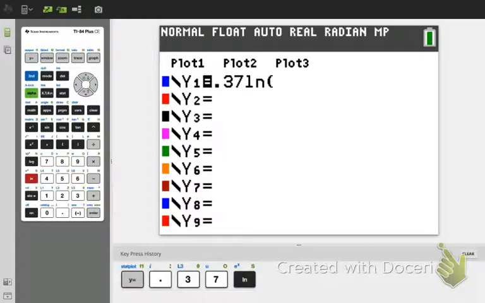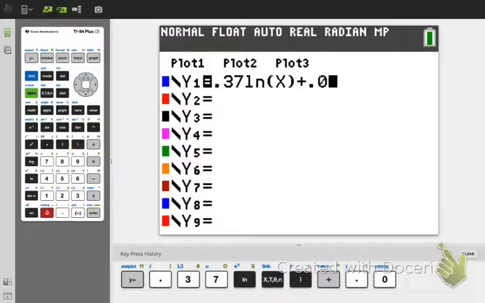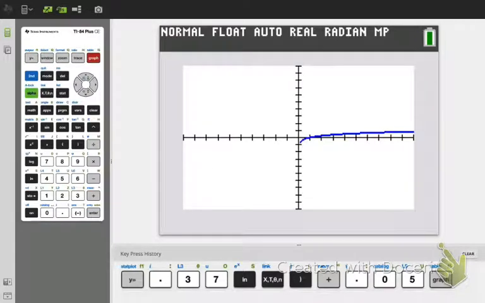Now, the problem uses p, but for my calculator, I'm going to use an x plus 0.05. And we are going to hit graph. There we go. Now, we know that that graph really continues and that we have a vertical asymptote as well.